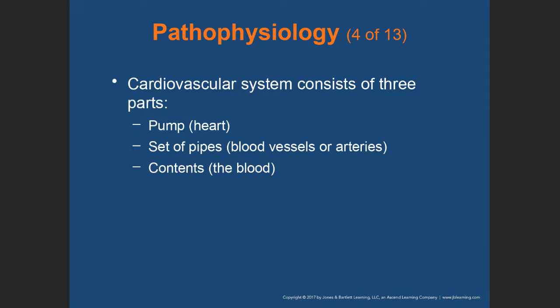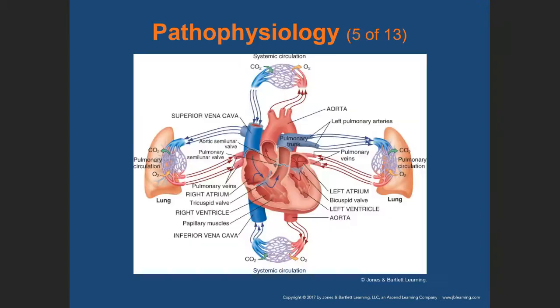So you have shocks that can affect the pump directly or indirectly. You have shocks that affect the blood vessels specifically. And you have shocks that are a result of blood loss or plasma loss. So it affects the blood or contents specifically. Now, I'm going to do a review of the circulation of blood through the circulatory system.